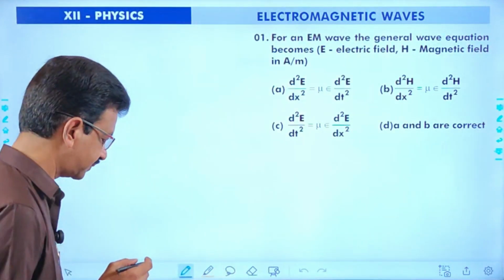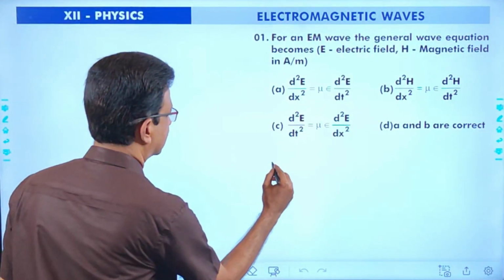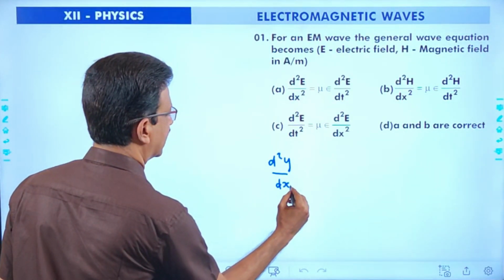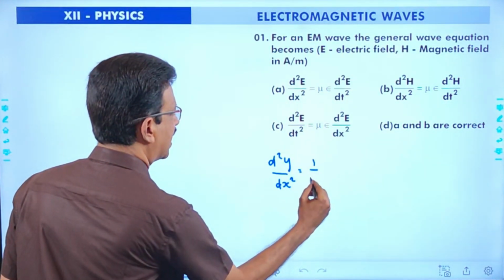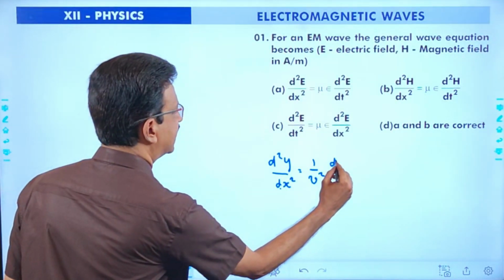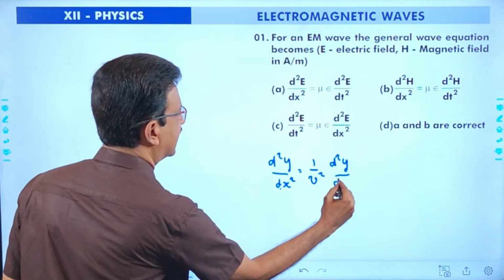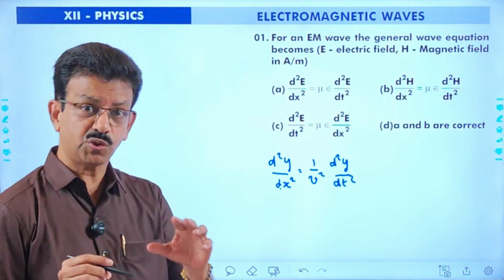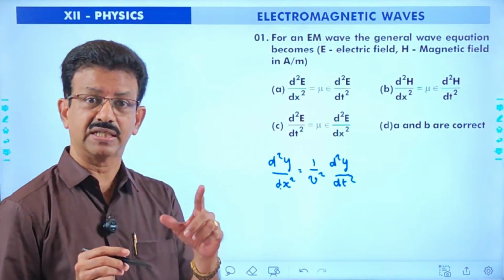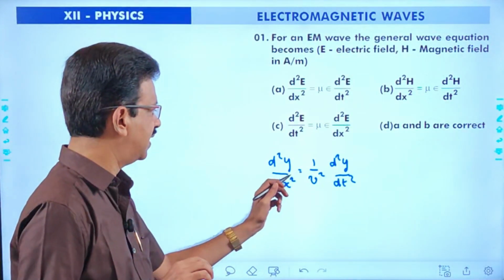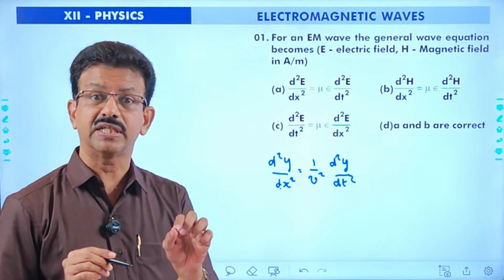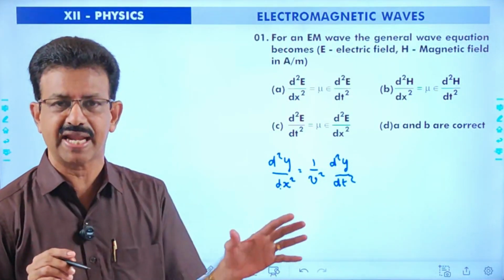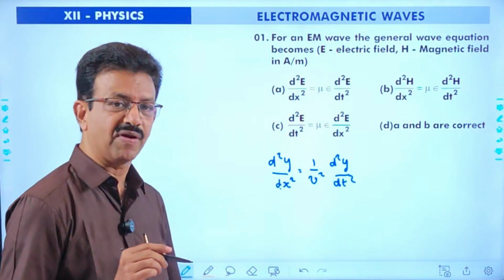I'll write it. d square y by dx square equal to 1 by v square d square y by dt square. This is the general wave equation to be satisfied by all the progressive waves. Here y is the variable, v is the wave velocity, that is the velocity with which the wave is advancing in a particular direction.